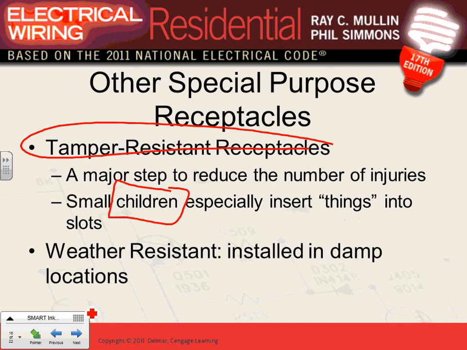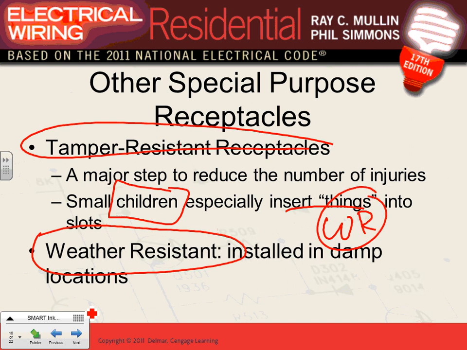So, okay, children inserting things will trip it. So all receptacles have to be tamper resistant. The second thing they did, guys, is weather resistance. Now, all the receptacles in a damp or wet location have to be weather resistant.